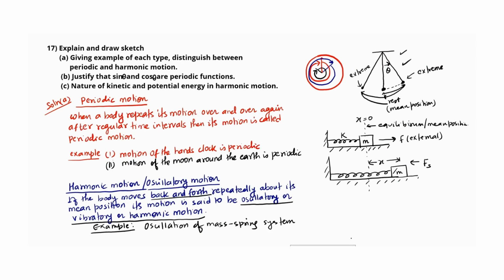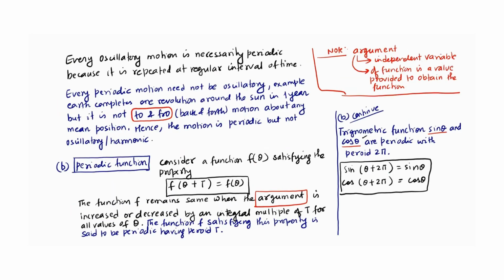Now next, 17c, nature of kinetic and potential energy in harmonic motion. And remember, we are asked to explain and draw a sketch. So question 17C, nature and sketch for harmonic motion.